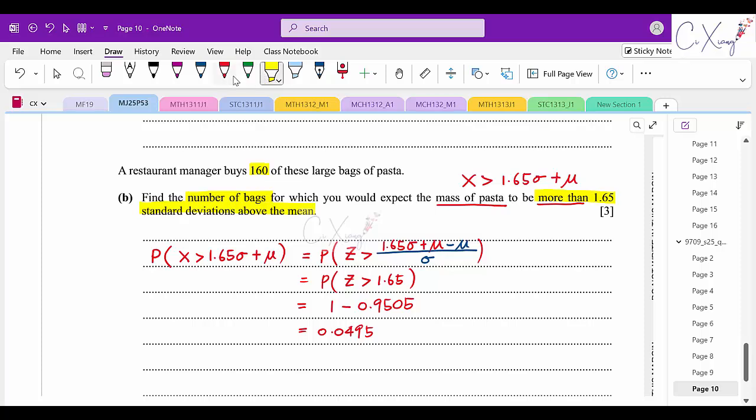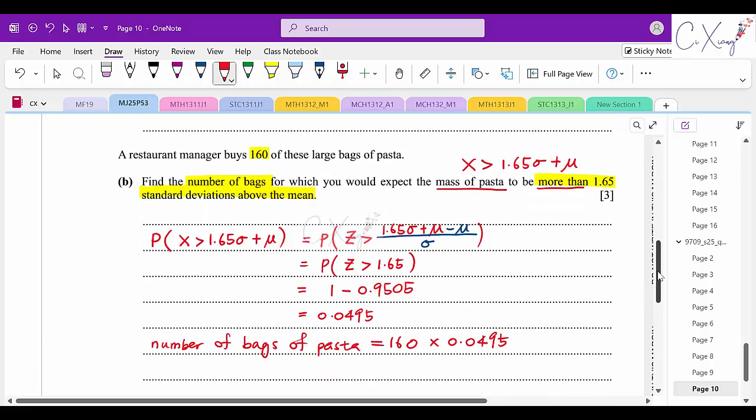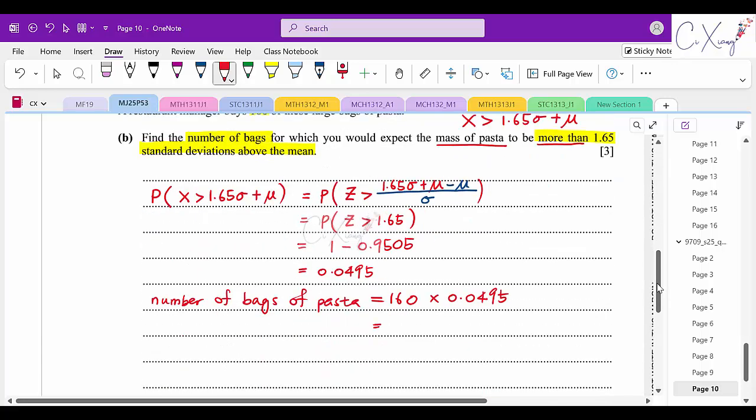To calculate the number of pasta, you have to take the total amount of pasta that you have. So you're having 160 bags, multiplied with the probability of 0.0495. Then from here, if you press the calculator, you should get the decimal number.